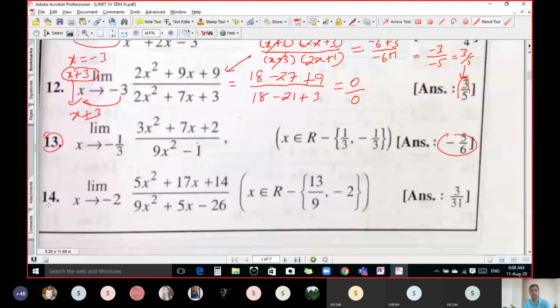Question number 14. For practice purpose, let us do question number 14.